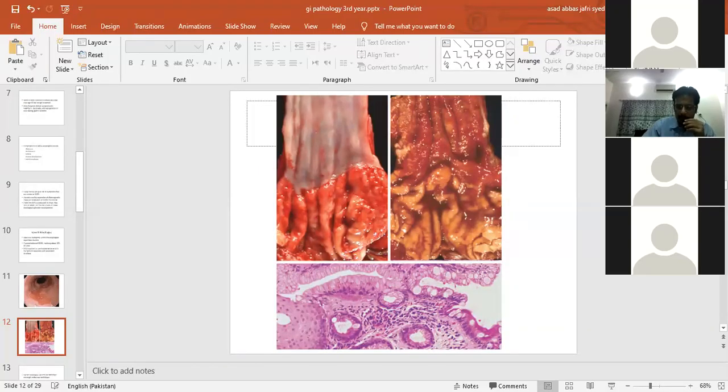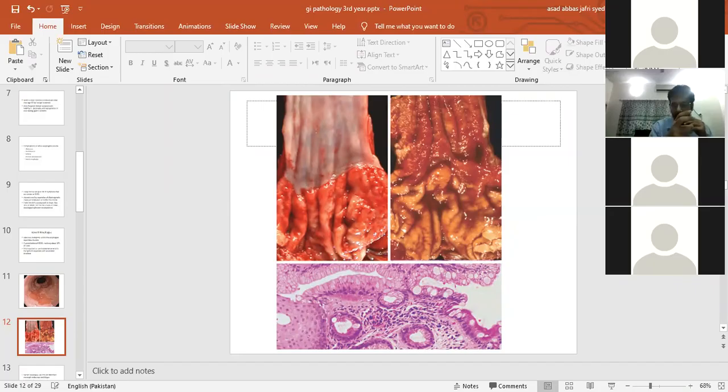From a histological point of view, the esophageal lining tries to become more adaptive to the decreased pH, and the epithelium more optimized to deal with the increased acidic environment is the columnar epithelium.